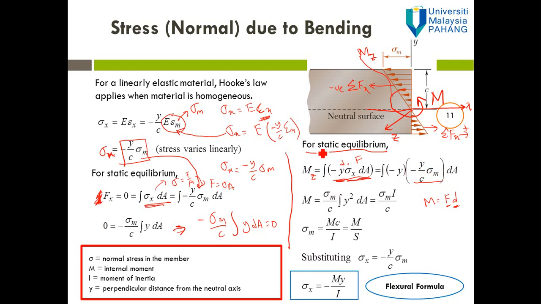Now, because sigma m over c is constant, sigma m and also c are constant, so we can put them outside, and then the moment about the z-axis is equal to sigma m over c times the integration of y squared dA. Y squared dA is the equation for the moment of inertia.